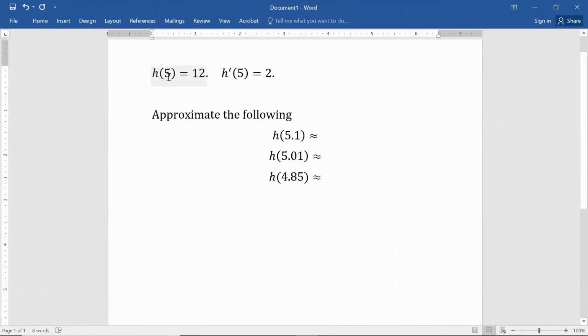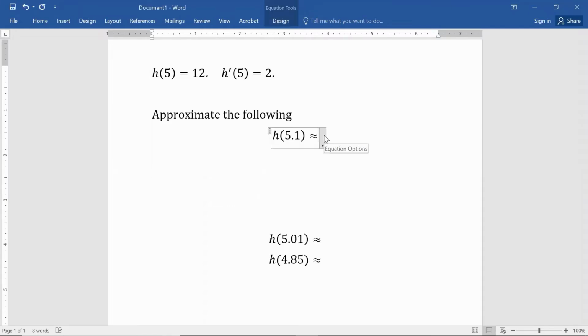So let's do that algebraically. We already know you input a 5 into the function, you get out a 12. You input a 5 into the derivative, you get out a 2. So we approximate 5.1. We would say, well, the y value starts out at 12, and we want to add a little bit of our slope.